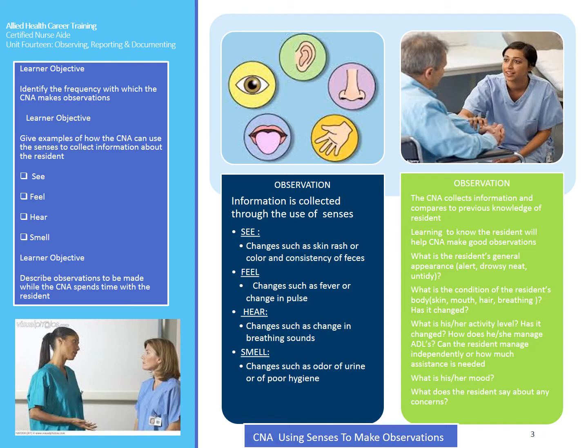So some different things about observation. You're going to collect information and compare it to previous knowledge of the resident. This is something that's very, very vital to do. So say you have a resident that normally is alert and oriented. So they're awake, they're talking to you, they know what's going on, they can have a conversation with you, you know that they are all there.